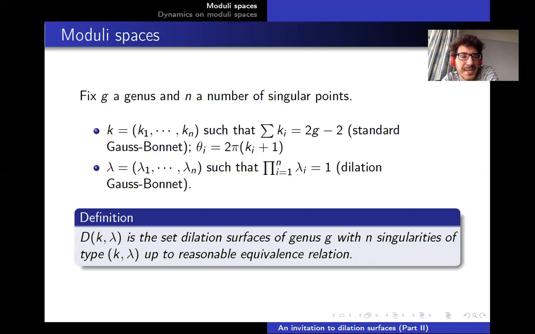Something I should say at this point is that when we have a dilation surface and we rotate it, we get a different surface, in the sense that it's important for us to know which direction on the surface is the horizontal or vertical one, or we want to be able to talk of a given direction. When you rotate a dilation surface, you shuffle around the directions, and so a surface and its orbit under the group of rotations is a family of essentially different dilation surfaces. Okay, good.